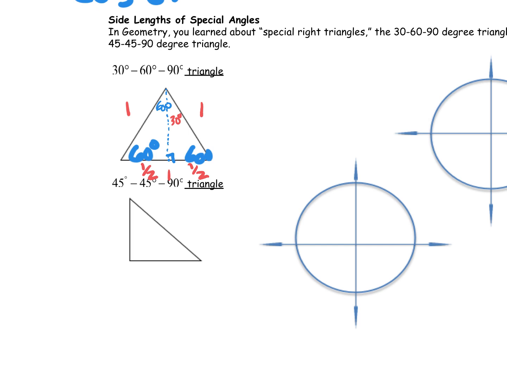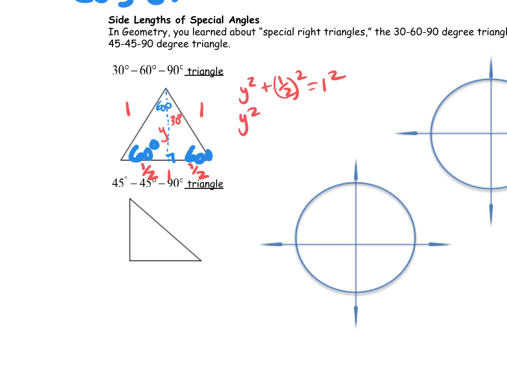And now I just need to find the length of the altitude. And we all know from the right triangle, we've been using it already, Pythagorean theorem. So maybe I'll just call that y. So let's use the Pythagorean theorem to find what y is. So y squared plus 1/2 squared equals 1 squared.